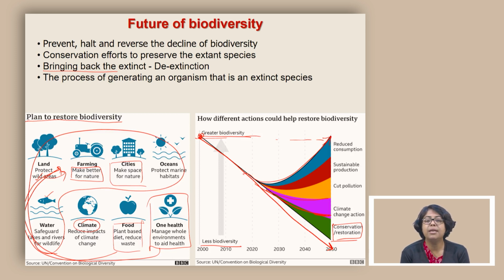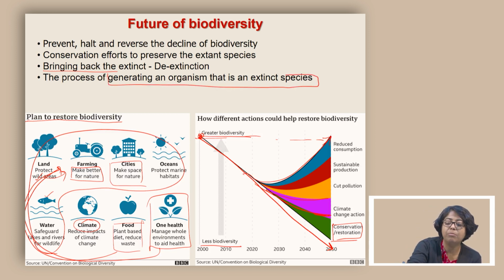Because they became extinct during the human time scale, there is a possibility of finding their genetic sequence and samples of their soft tissue from which an organism can be created by using genetic technology.